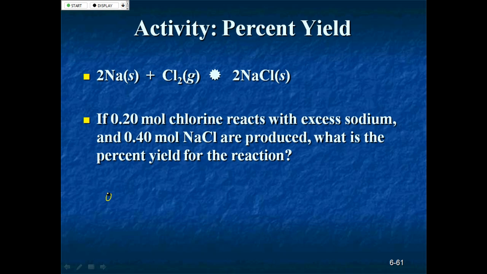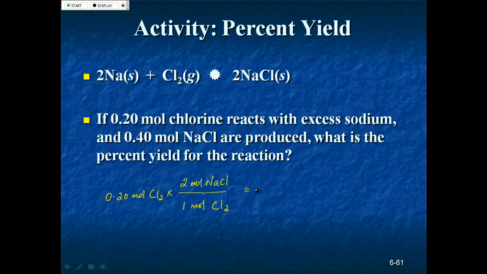So you have 0.20 moles of chlorine, and what is the mole ratio between NaCl and chlorine? 2 moles of NaCl per 1 mole of chlorine.